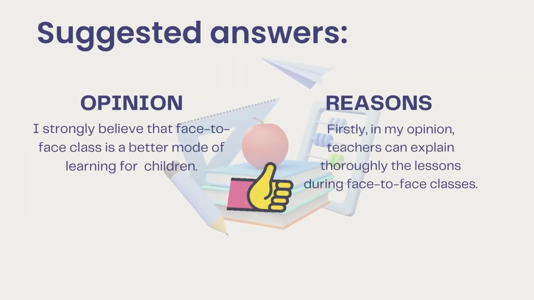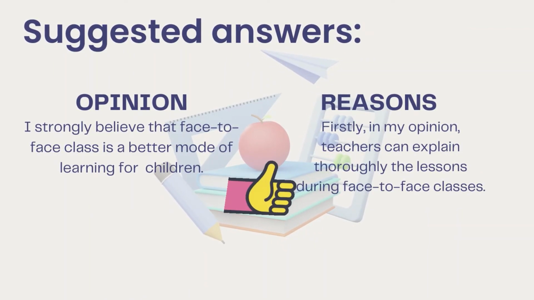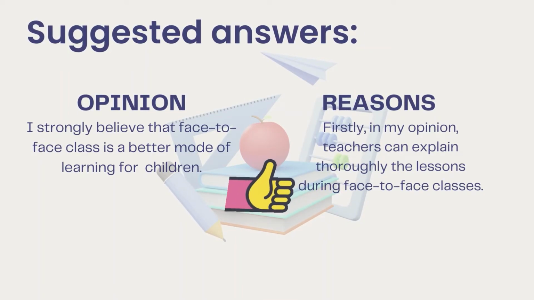For reasons. Firstly, in my opinion, teachers can explain thoroughly the lessons during face-to-face classes. So I use the signal words firstly, in my opinion. Okay. So for the third one, for the examples, we are going to use another reason that. So, what are the examples that will support our reasons?